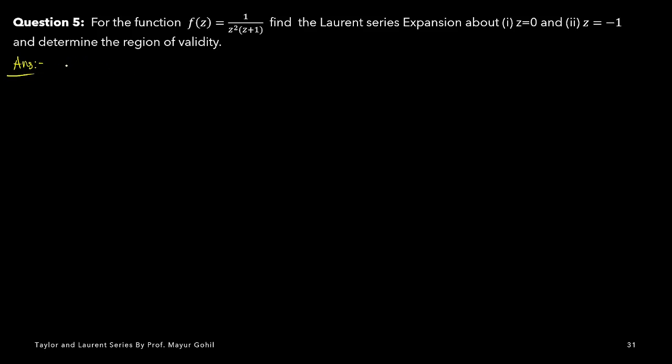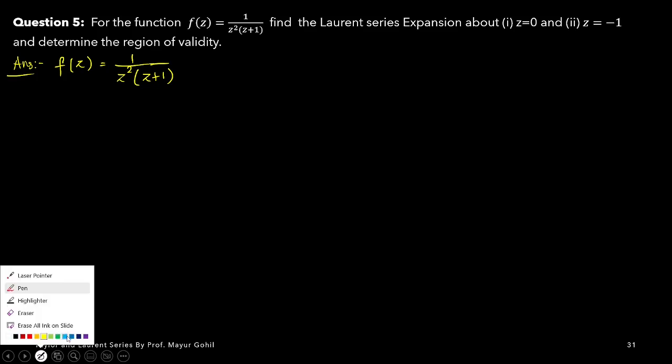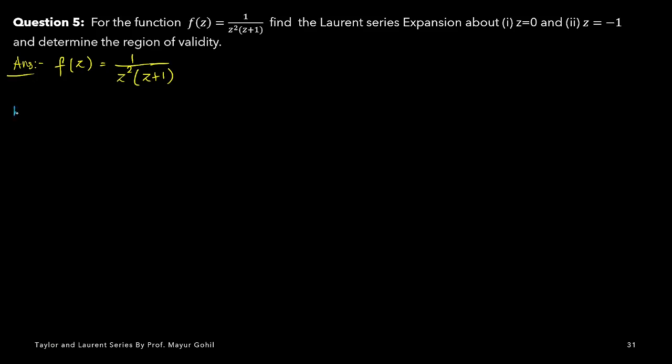Now see here, the function f of z is equal to 1 upon z square times z plus 1. The denominator becomes 0 at two places: at z equal to 0 and z equal to minus 1.